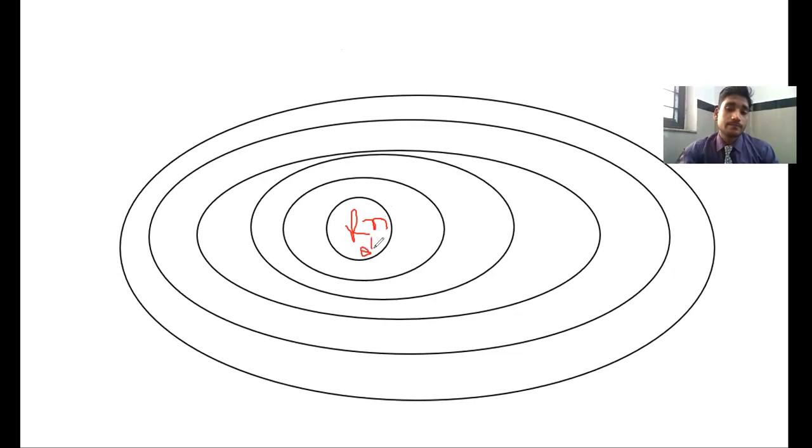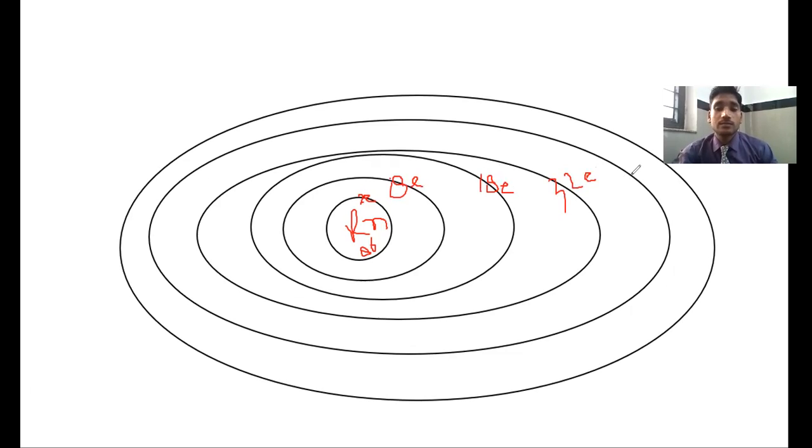All right. In the first shell, how many electrons are present? 2 electrons. In the second shell, 8 electrons are present. In the third shell, 18 electrons. In the fourth shell, 32 electrons.